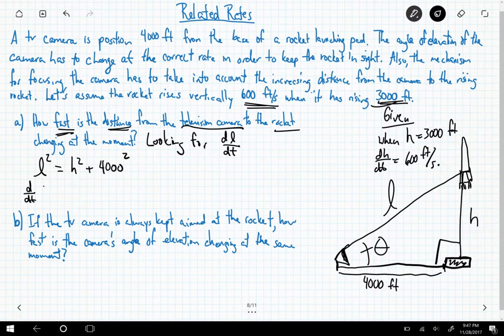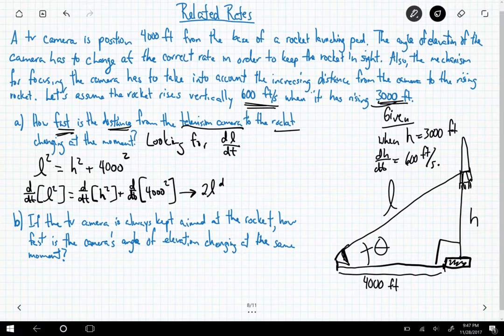So we take d/dt of L squared equals d/dt of h squared plus the derivative with respect to t of 4,000 squared. What happens then? Well, we get 2L dL/dt by implicit differentiation, and then 2h dh/dt.